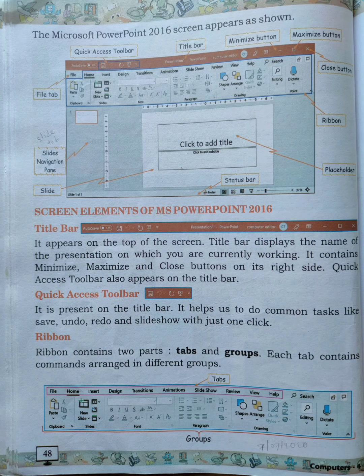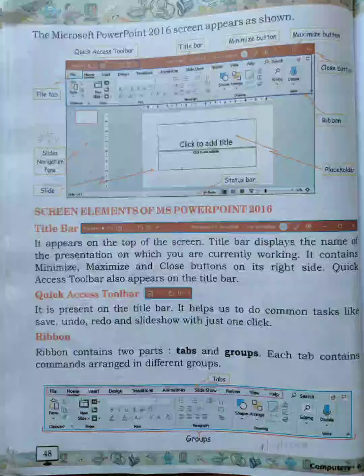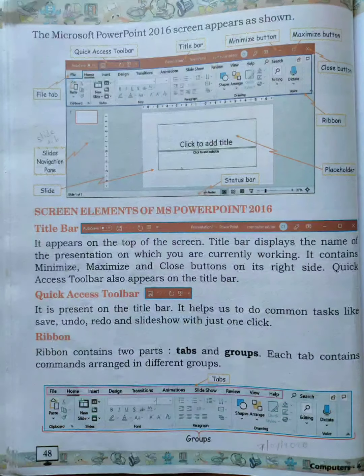So it displays the name of the presentation. It contains minimize, maximize, and close buttons on its right side. You can see on the right side the minimize button, maximize button, and close button.